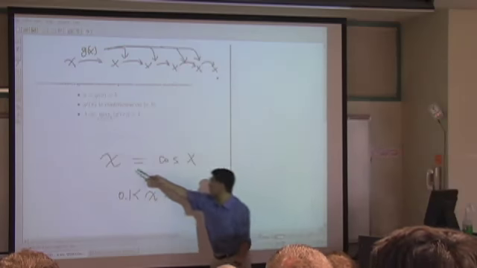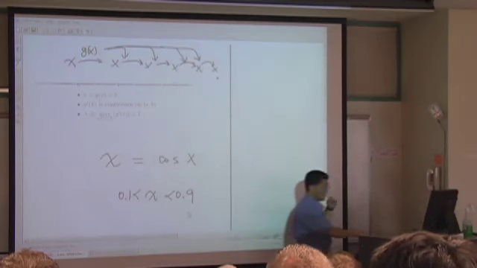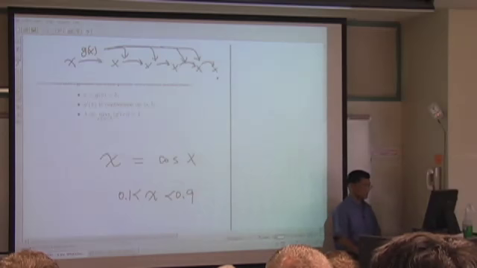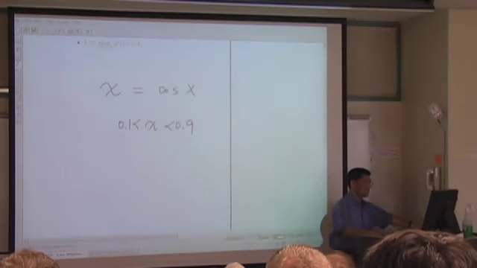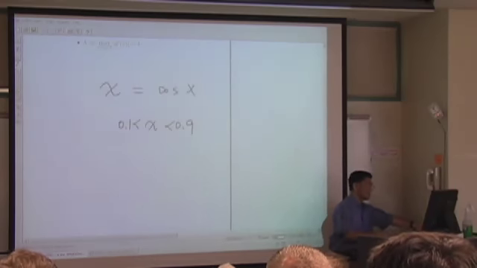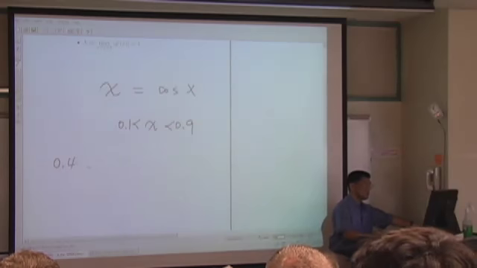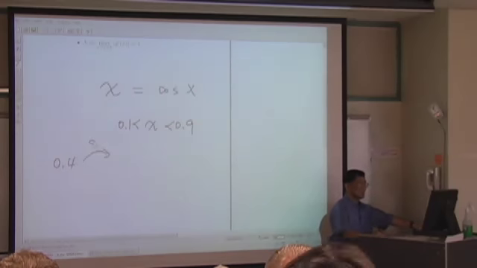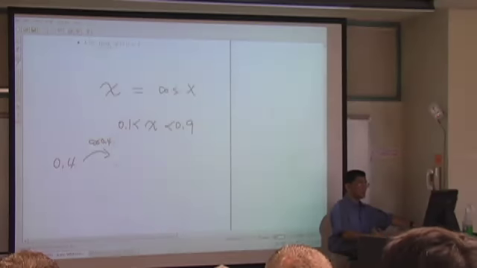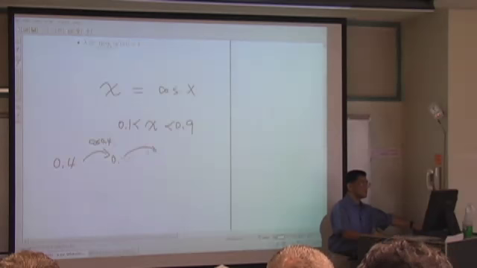If you iterate this, for instance, if you start at some point like 0.4 and then use the value cosine 0.4, you get some number, 0 point something. And then use this value to compute cosine of 0 point something, and you get another number.